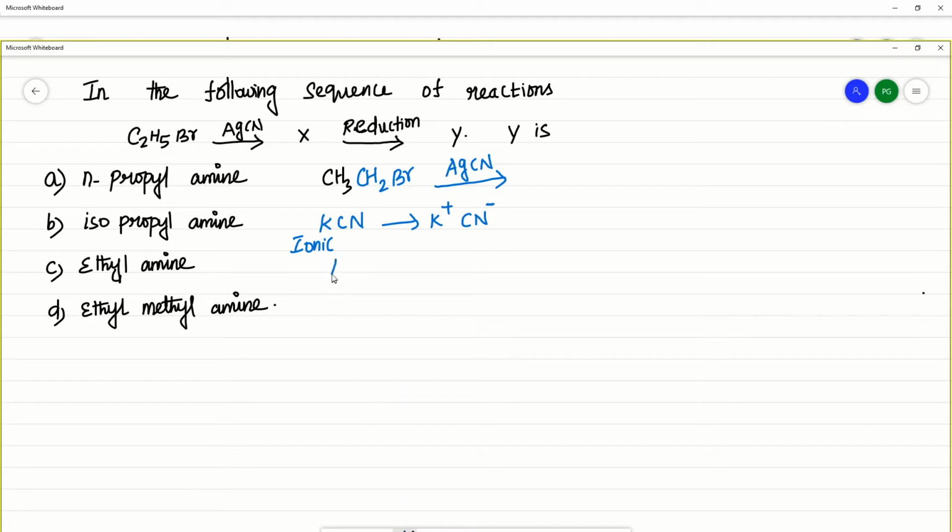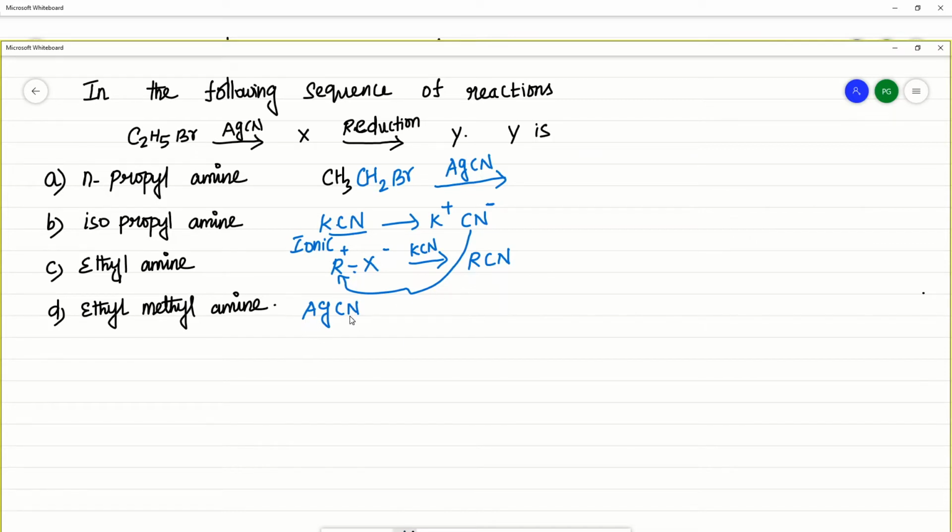So if an alkyl halide RX is there, this is R plus and X minus, and CN will attack the R plus. So this is in the case of KCN. When you have KCN, you will get the product RCN. So when alkyl halide reacts with KCN, you will be getting RCN.